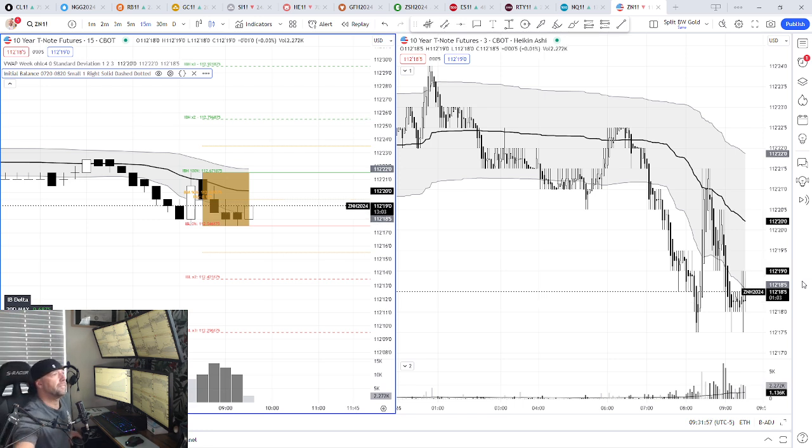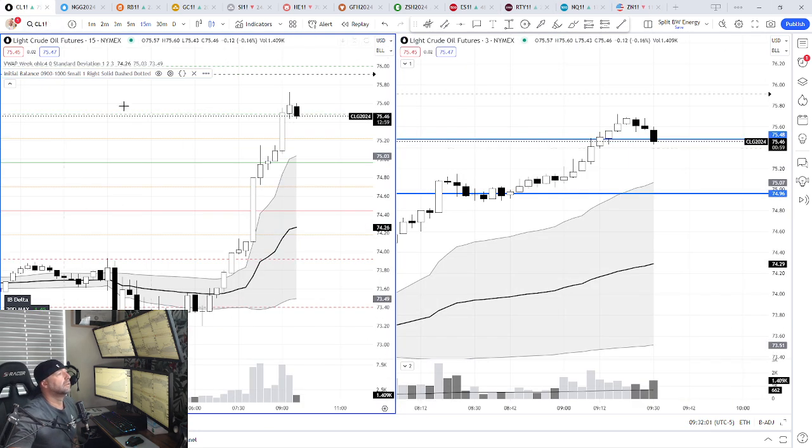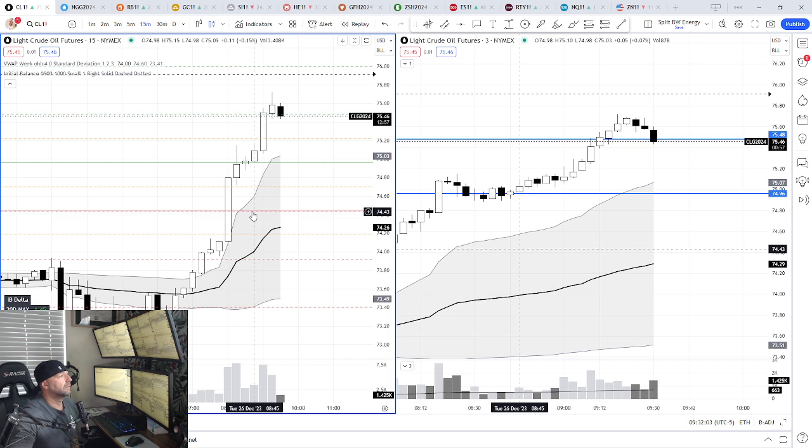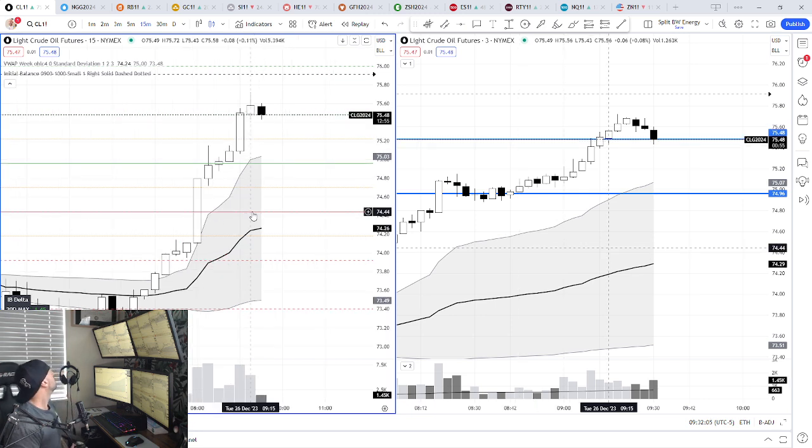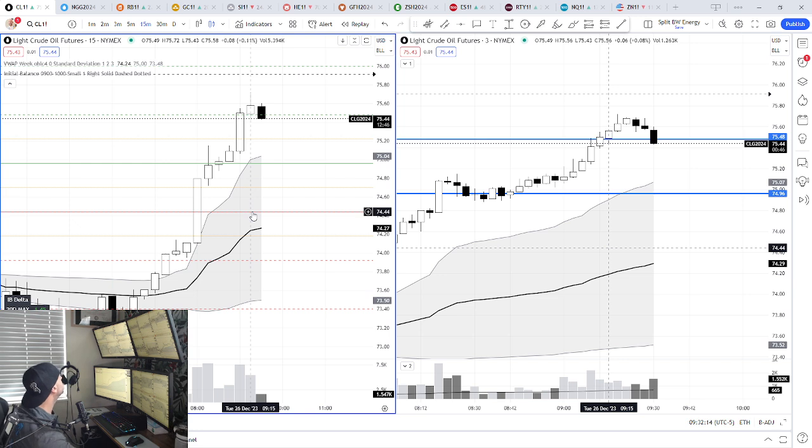Okie doke. Silver. Gold is back over VWAP. Look, we're finally getting that oil short.